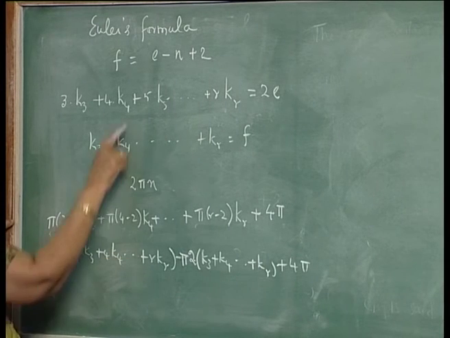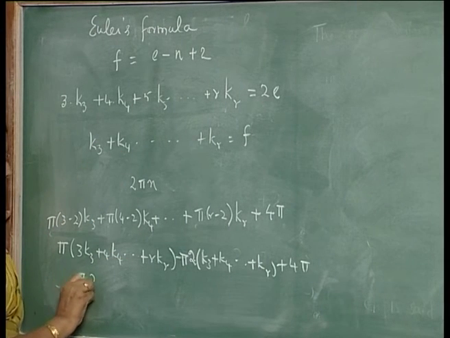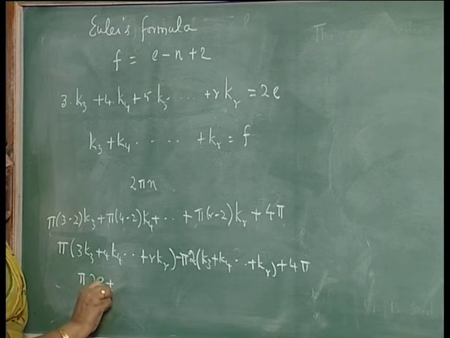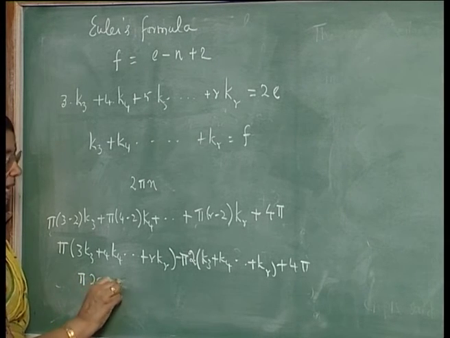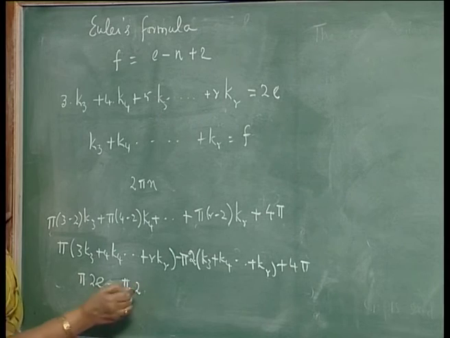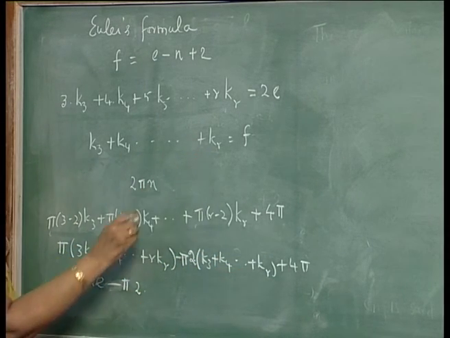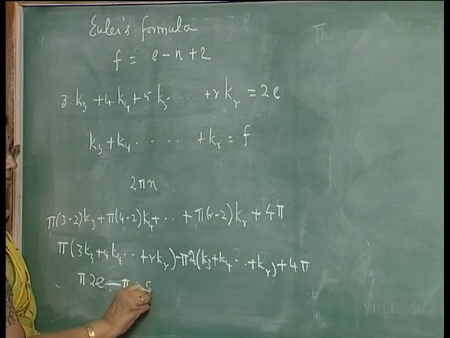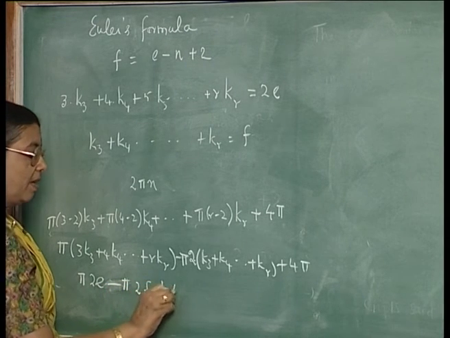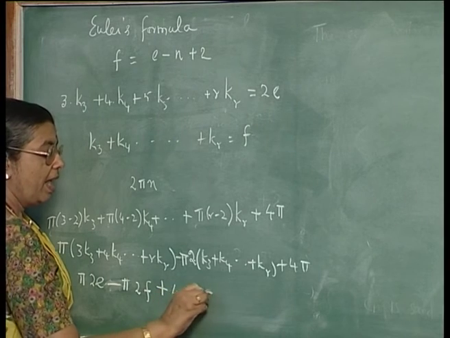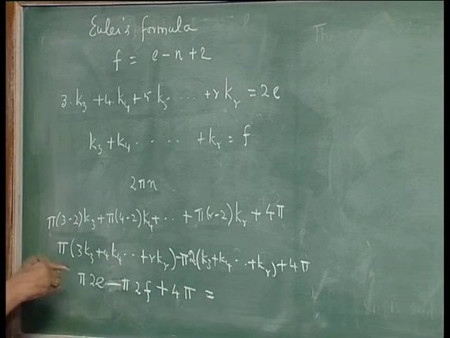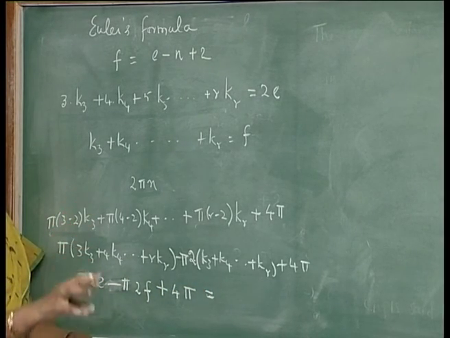And this quantity, by this we know that it is 2e, and minus pi into 2, and this quantity by this factor we know is f, plus 4 pi.